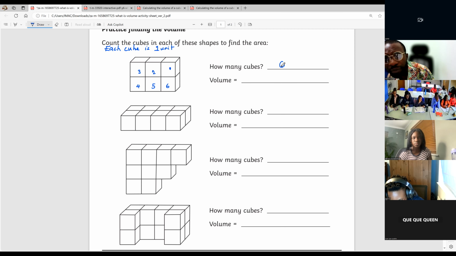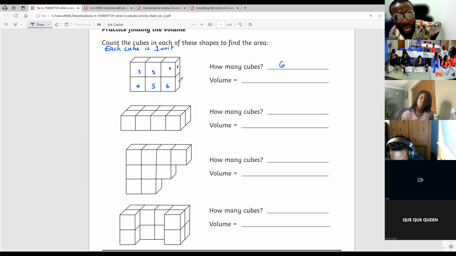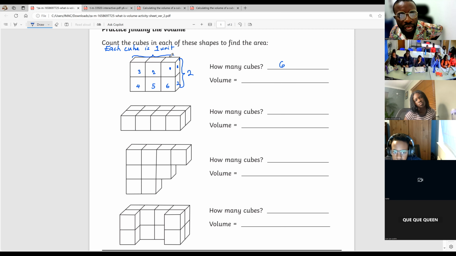Or you look at it, is it a perfect shape that we can just multiply? How many can you see here? This is 1 and 2. So you've got 2 on this side, and you've got how many on this side? 3. So 2 times 3 is 6.